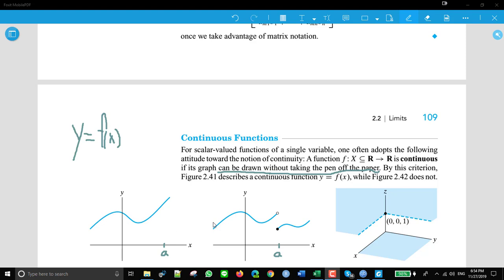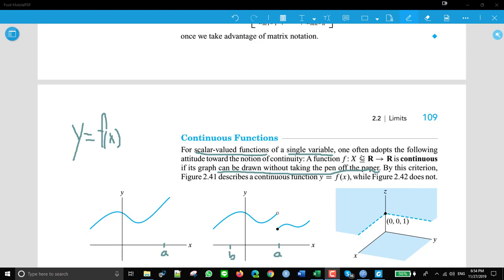Now, we would probably say that this function is continuous, say, here at B maybe, but not at A. There's some kind of jump here. So that's the basic definition of continuity when we're talking about scalar valued functions. That means the output is a single variable and the input is a single variable. So that's the standard understanding of what we mean by continuous.